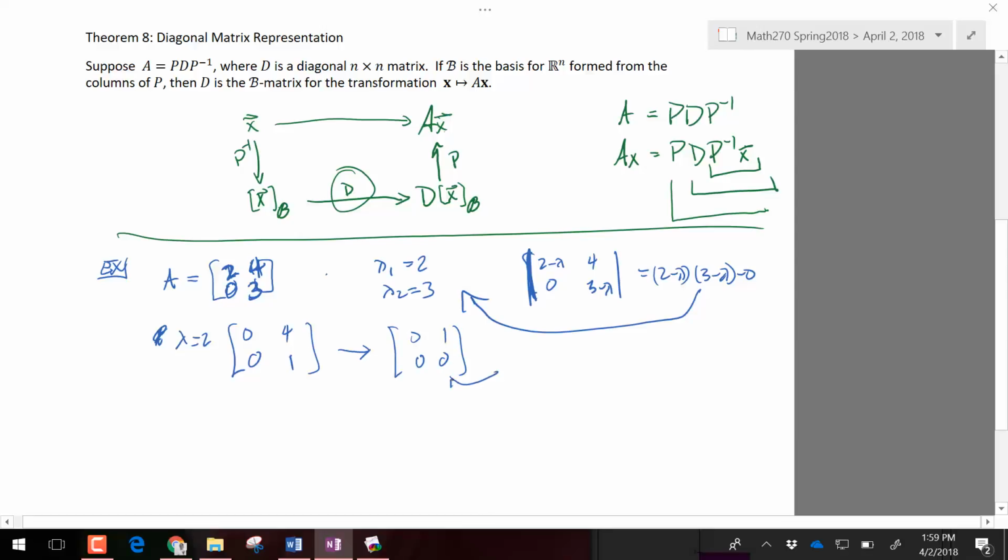The free variable is x1, and x2 will have to be 0.